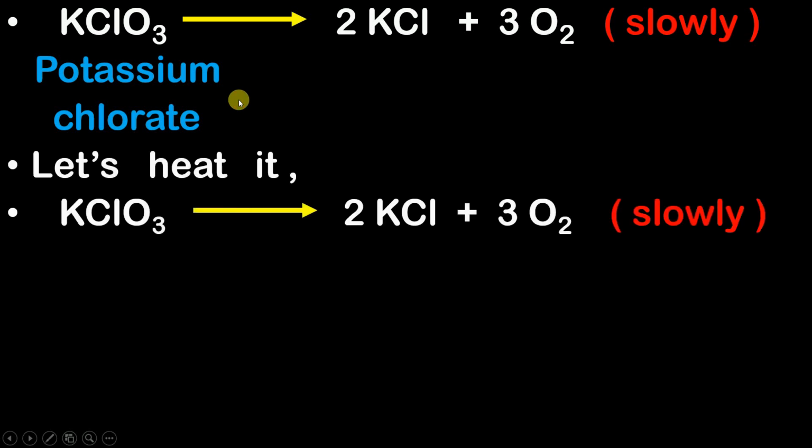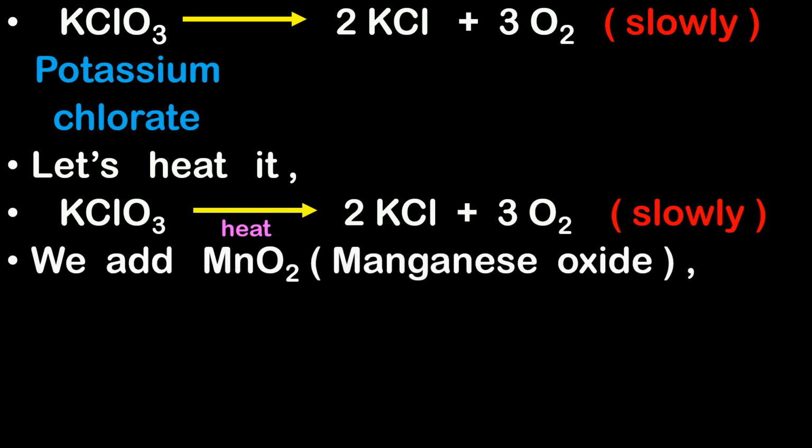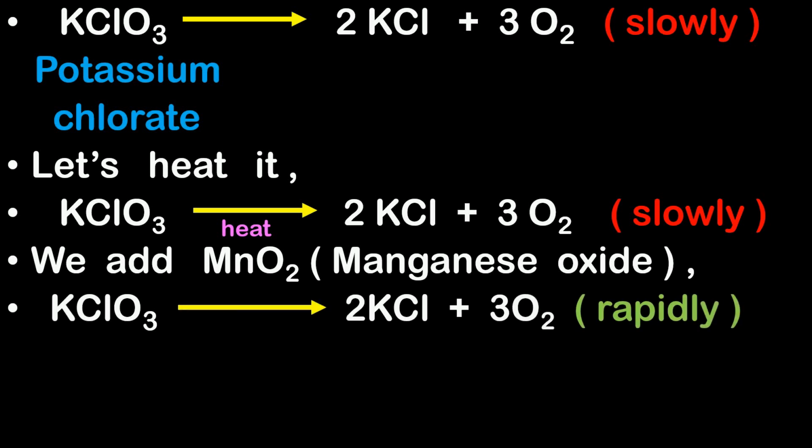And even after heating this reaction, what we observe is that still this decomposition of KClO3 takes place very slowly. Now what we do is that we add MnO2, that is manganese oxide. Now as soon as we add manganese oxide, what we observe is that KClO3 decomposes rapidly.